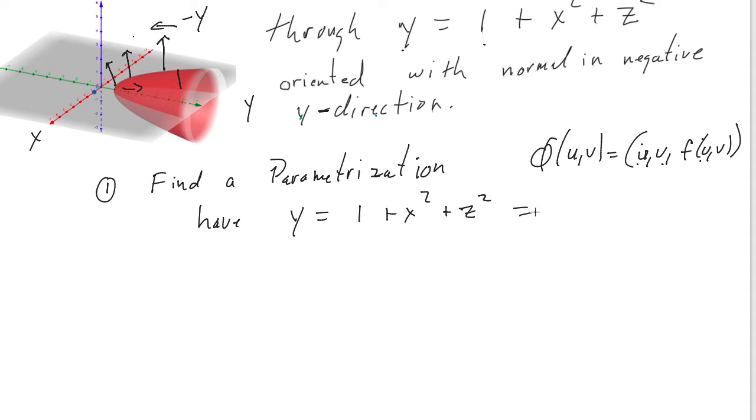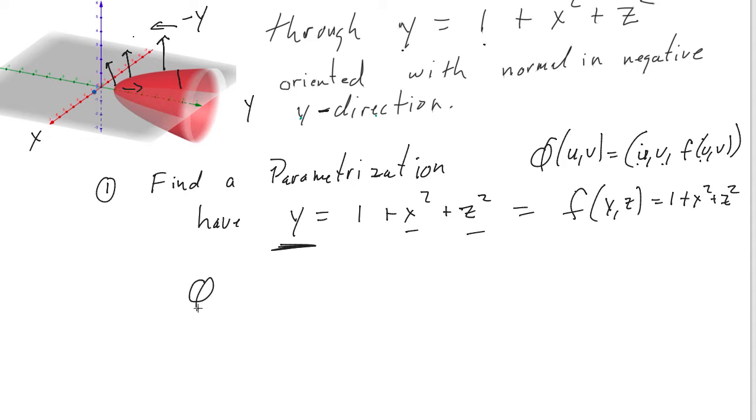Right, so think about if you let g or whatever, just make some function up, or even f. There's f. So we have some function of x and z is just 1 plus x squared plus z squared. So we already have y defined as a function of the others.